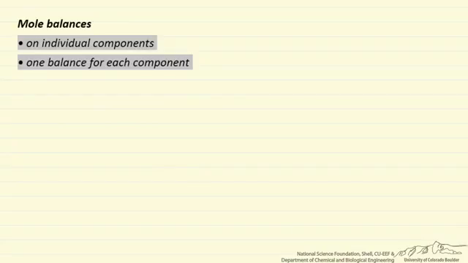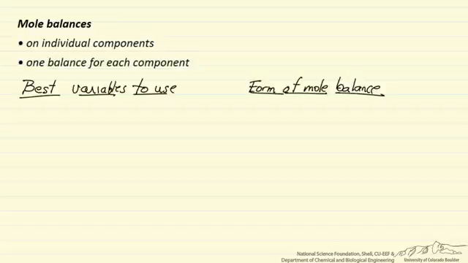Let's look at the best variables to use when we write down these mole balances, and we'll do it for each of the ideal types of reactors, and then we'll look at the starting equation we should use. We'll start off with the batch reactor and also the semi-batch, because they have a lot of similarities.